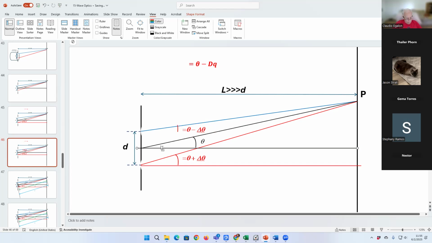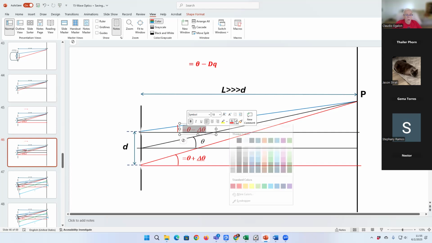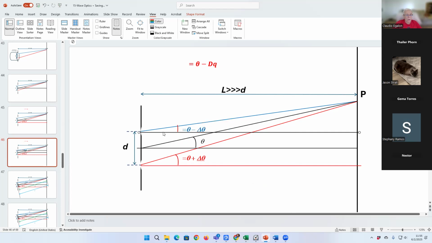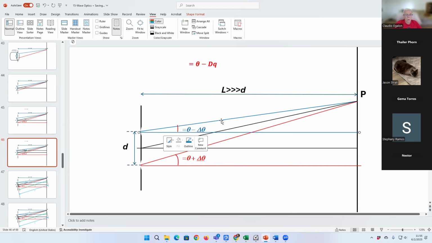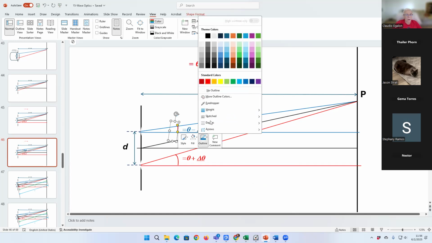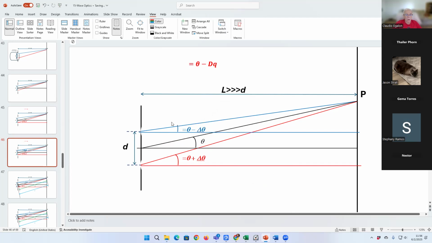And the line here is going to be a blue line. This line is going to be blue, and this angle here is going to be blue as well.